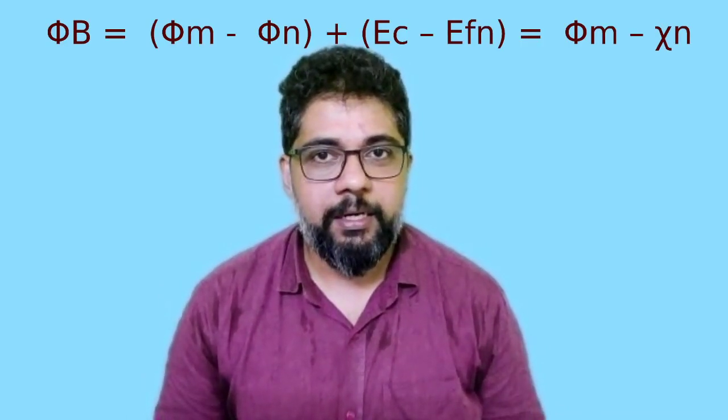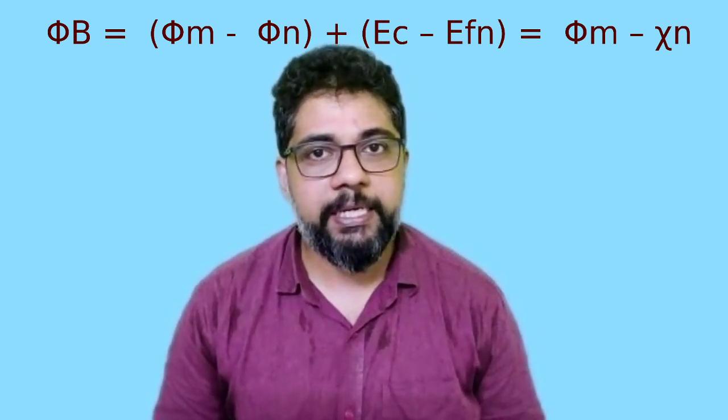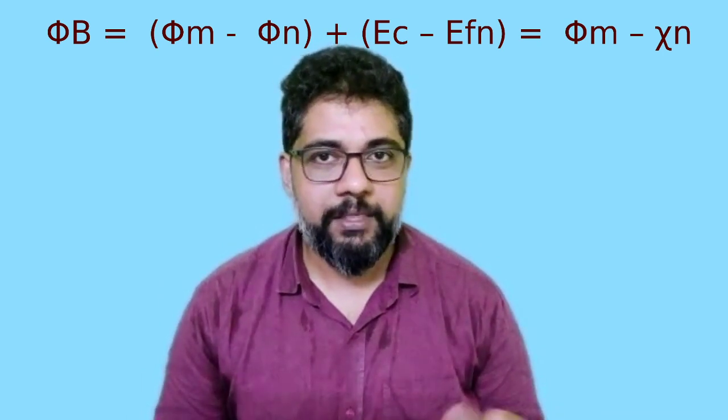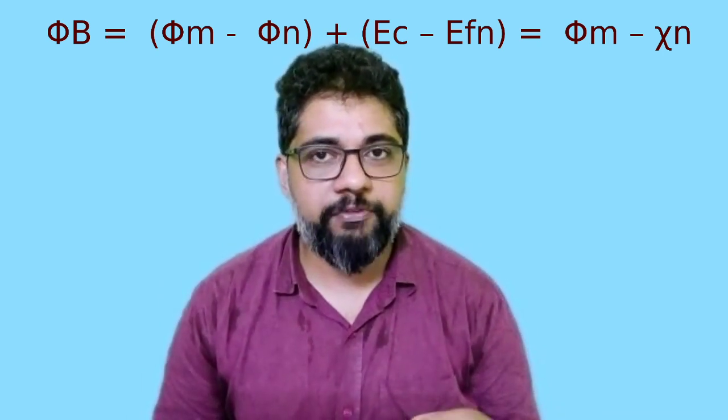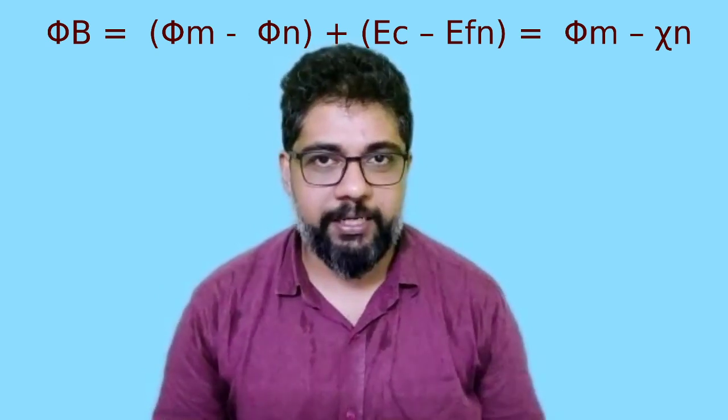So on joining a metal and a semiconductor for a junction, the Schottky barrier, which is given by phi b, can be mathematically represented as phi m minus phi n. Instead of phi sc, we are putting phi n because we are taking N-type semiconductor.